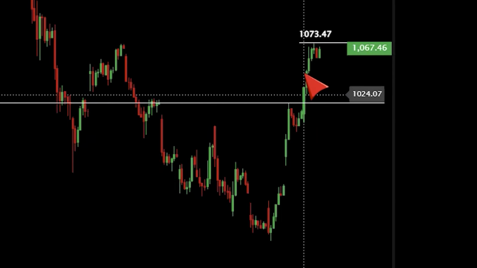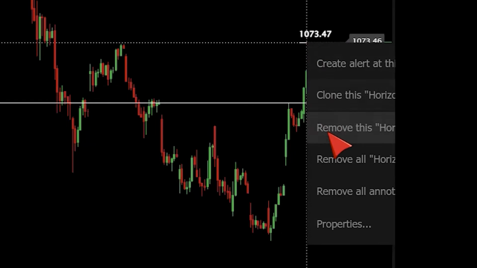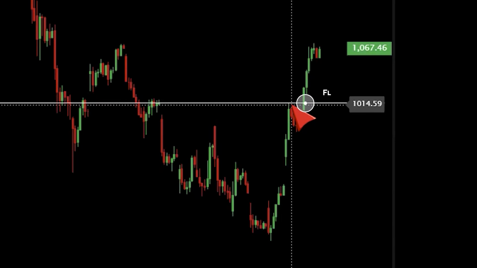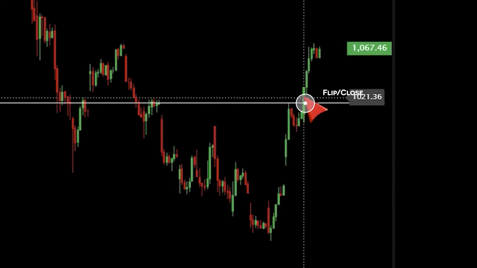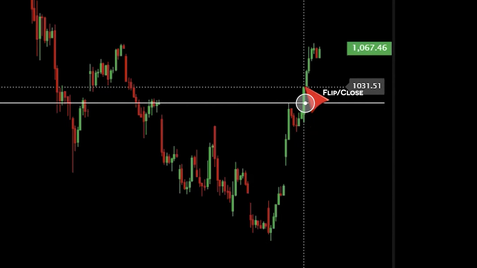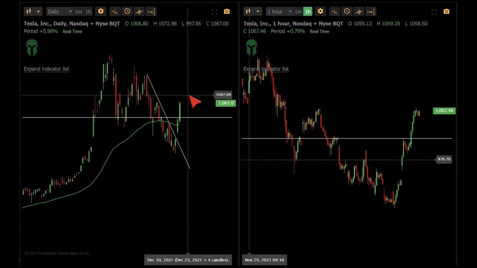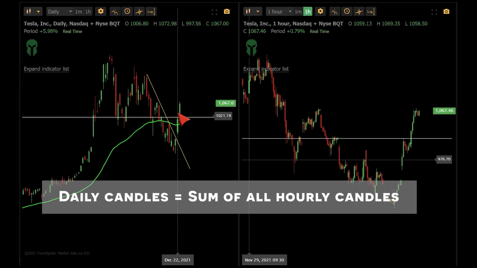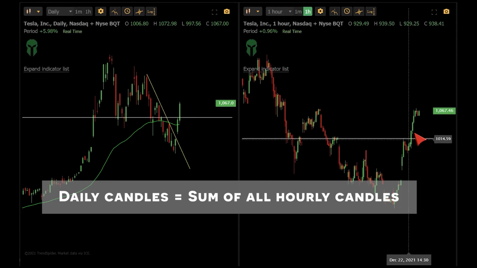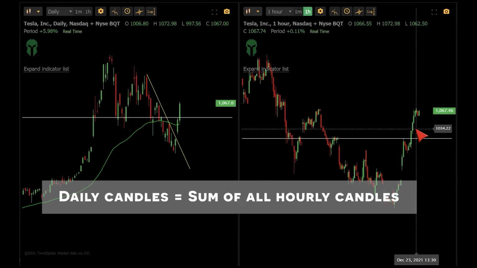This bar right here, let's click off of this. This bar right here, this flip, okay, this close, gets us in at 1031, to give you an exact number, 1031.48, versus waiting until 1067. Okay, now understand that this bar right here is made up of all these bars.